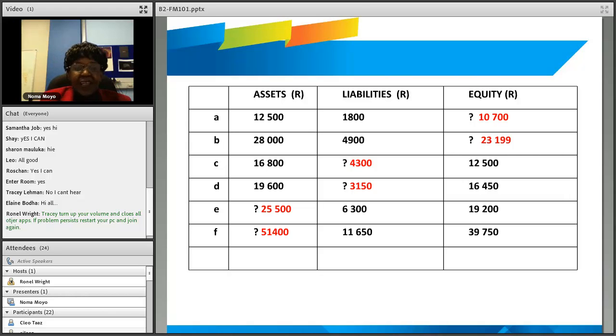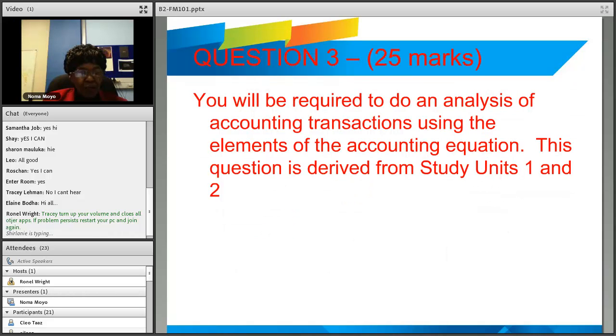So 6,300 plus 19,200, you get 25,500. For F again, you've been given equity 39,750, liabilities 11,650. Then you get your assets, which is 39,750 plus 11,650. That is the balance sheet equation or accounting equation.